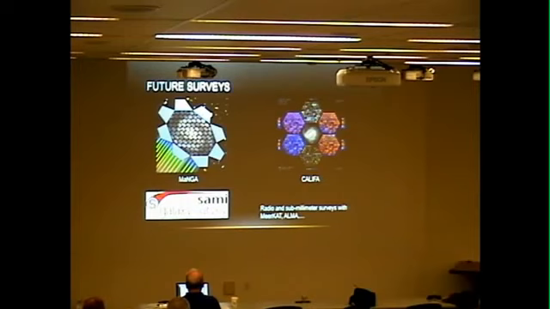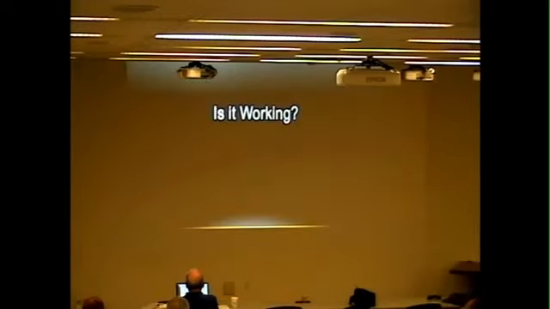So we can apply our modeling method to the vast amount of data that is going to be available soon for nearby galaxy mergers. But before that, we want to know, is this method for modeling galaxy mergers working?